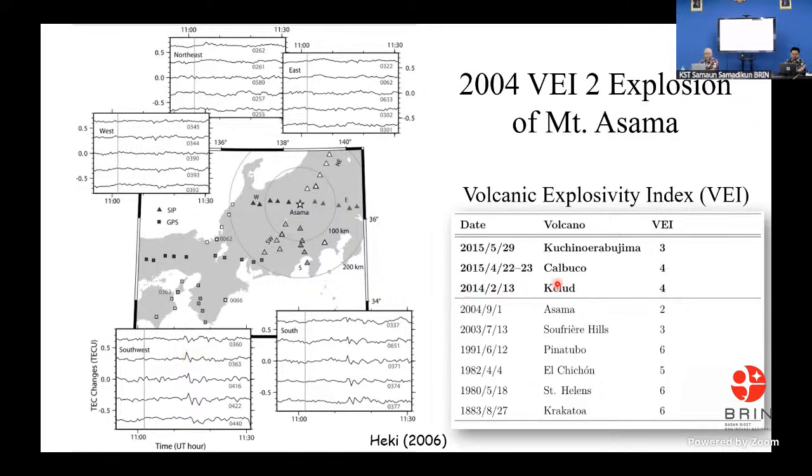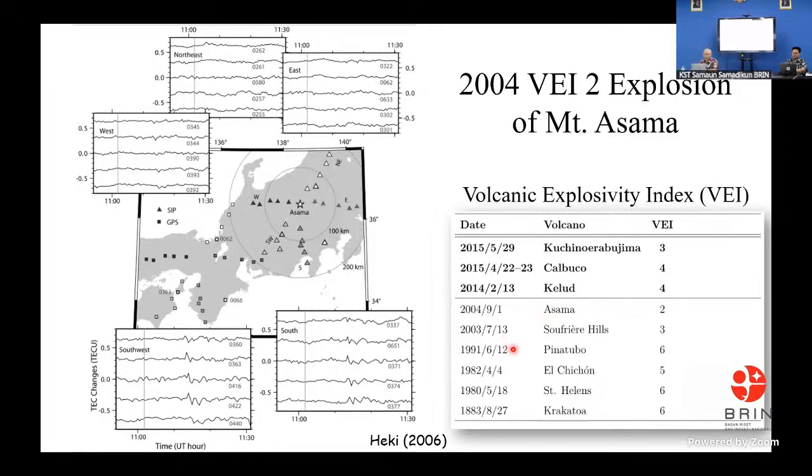And we could see such disturbance for many past volcanic eruptions. Some are in Japan, some are in Chile, and some are in Indonesia. So these are the examples we observed.